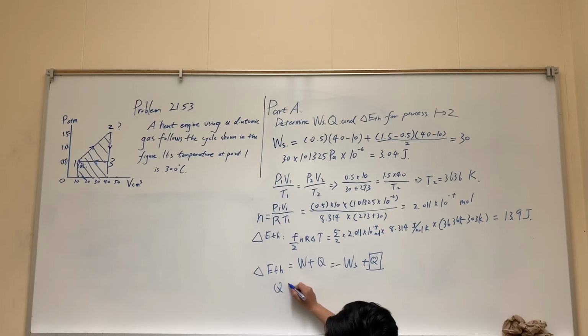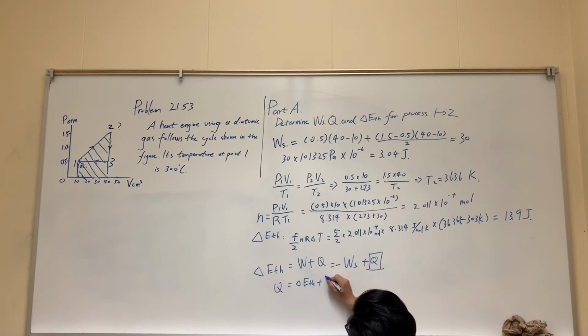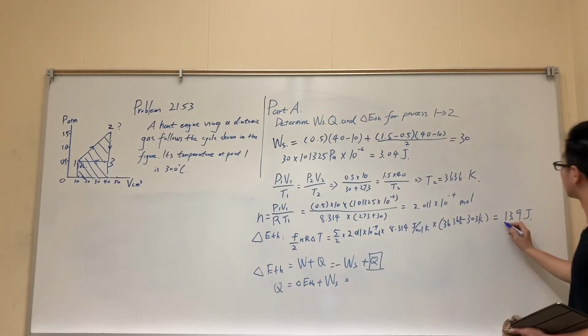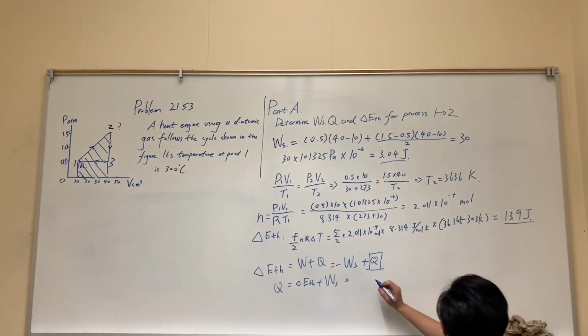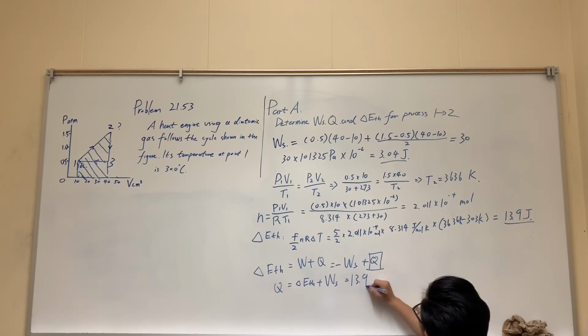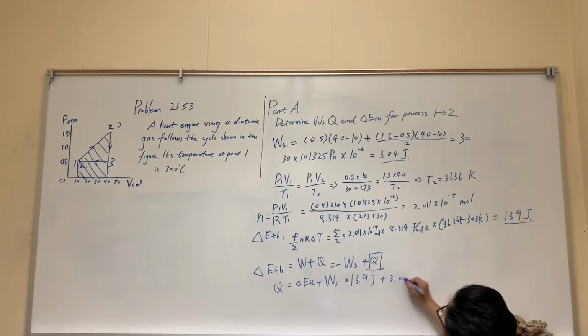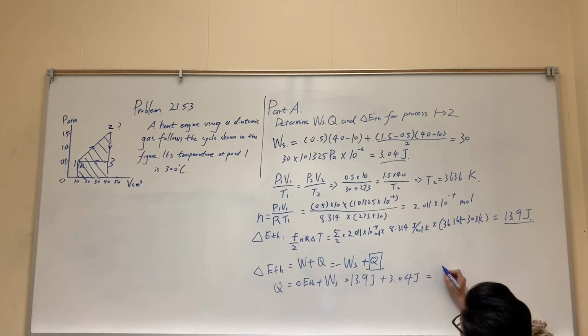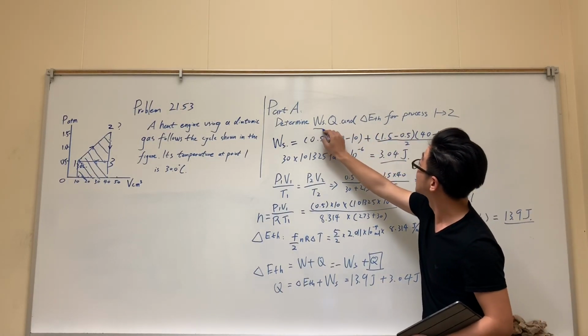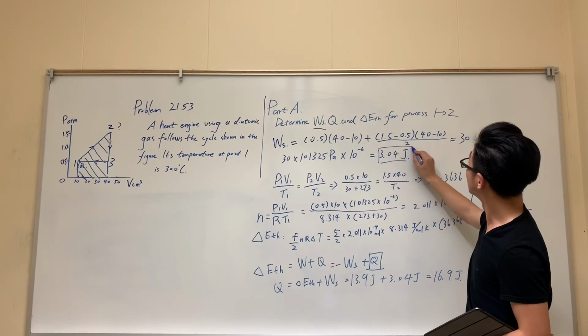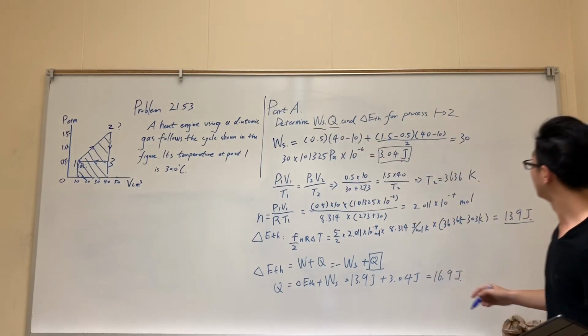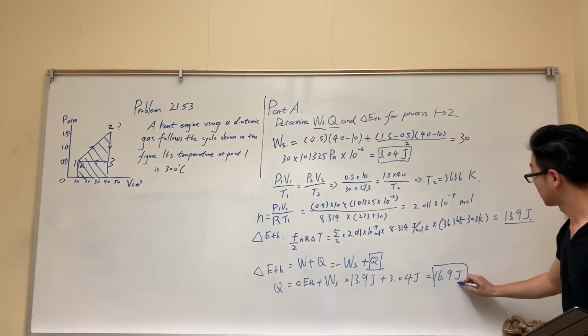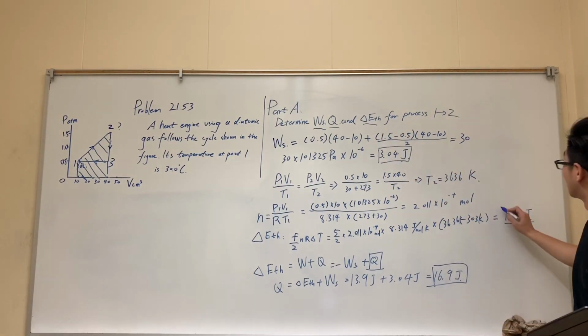So Q equals delta E_th minus the work done on the system, which equals, we add these two together, 13.9 joules plus 3.04 joules, which equals 16.9 joules. So now the work done on the system will be this, and Q will be this, and delta E_th will be this one.